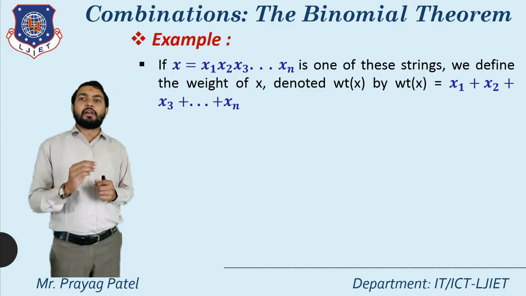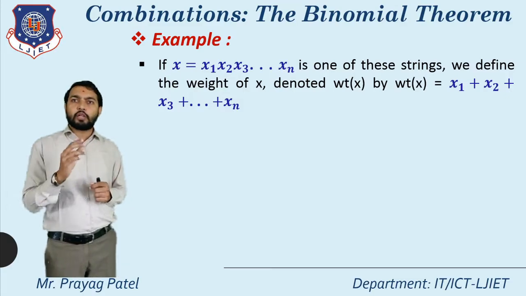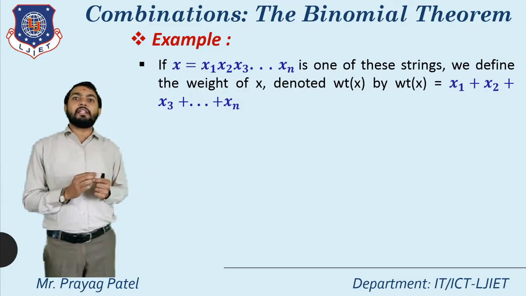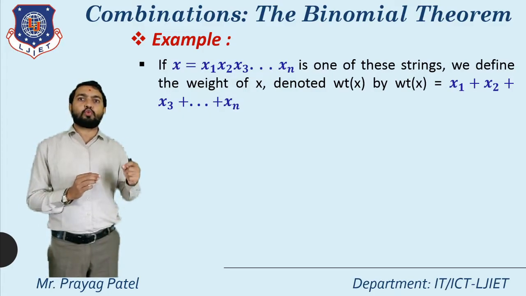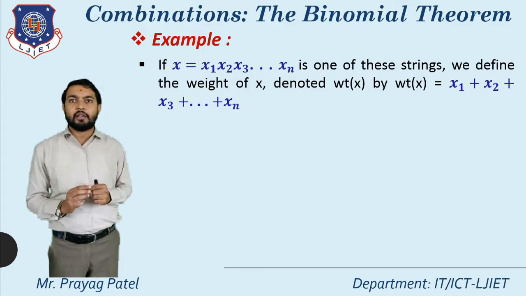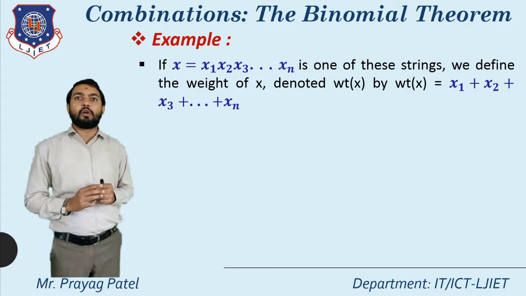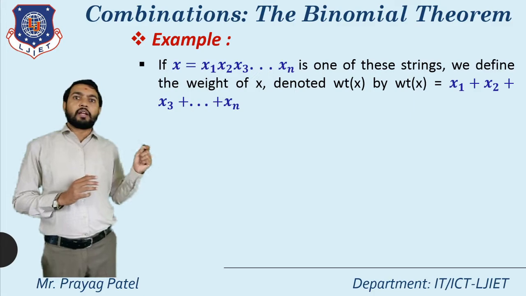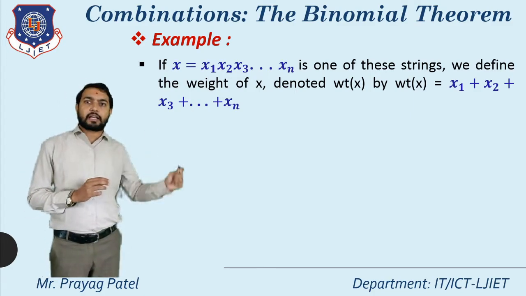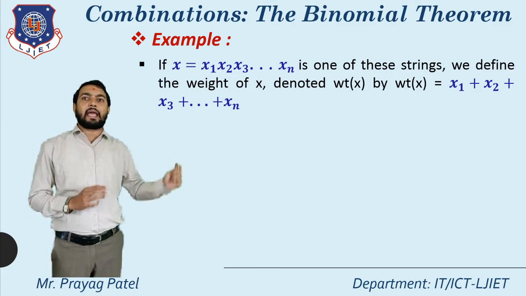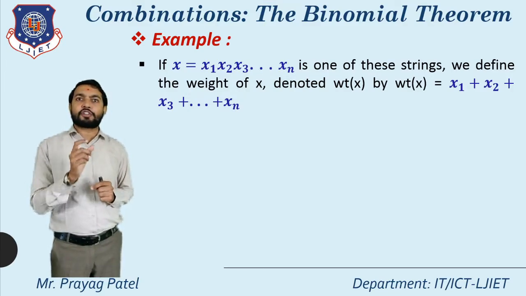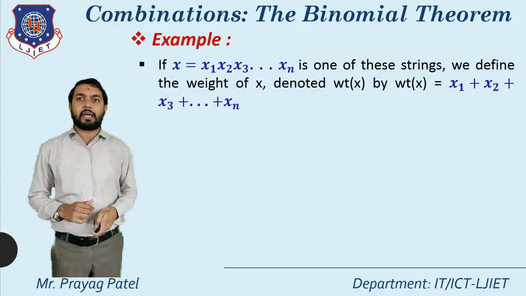In the previous case we considered a string such as 1, 0, so two elements are available. In the same way, how can we find the weight for the elements x1, x2 up to xn in x? The weight wt(x) is x1 plus x2 plus x3 up to xn. That means the addition of each and every component of the string is called the weight of x.